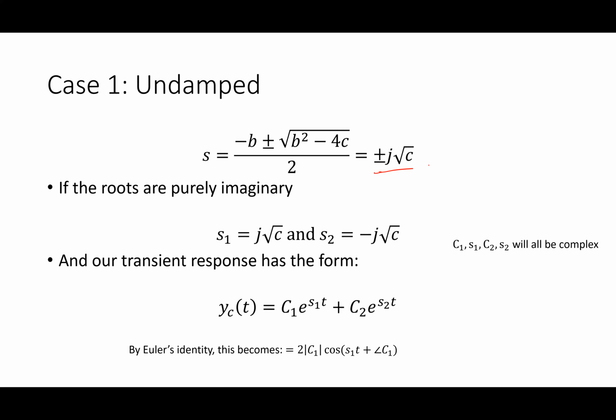Because roots always happen in pairs. And what I see is, in this case, all of these terms are going to be complex. And this, with Euler's identity, is going to become that, all right? We're going to do an example of that in a second, okay?